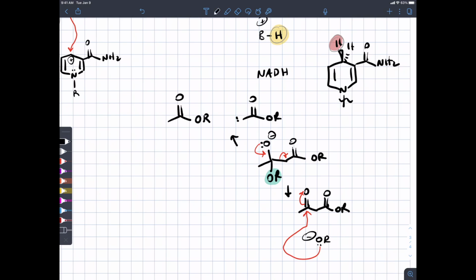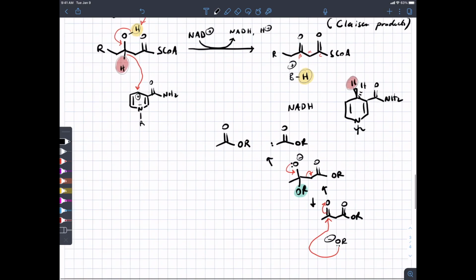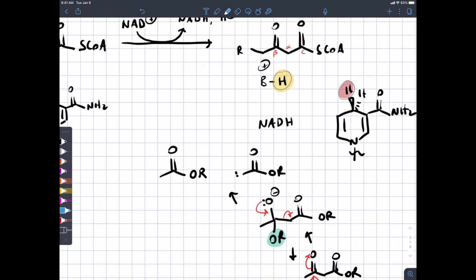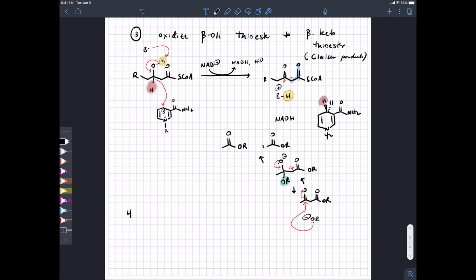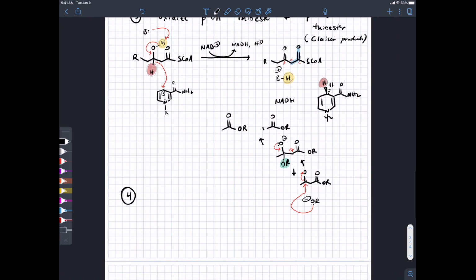So remembering that our goal is to clip off a unit of acetyl-CoA whilst at the same time having a thioester at this beta carbon, what do you think's going to happen in step 4?